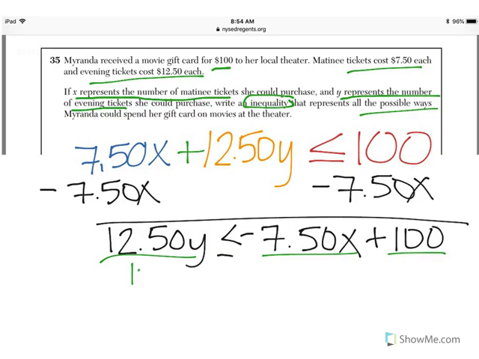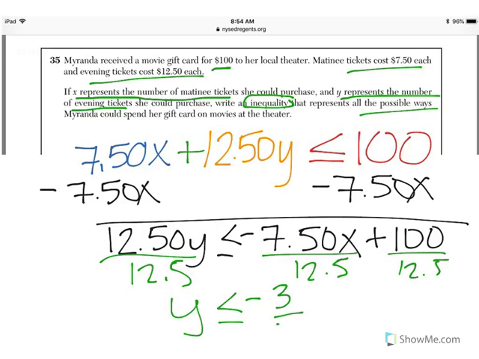Then when we divide everything by 12.5, we will end up with y is less than or equal to negative 3/5 x plus 8. And we're going to have to use that in the next part to graph.